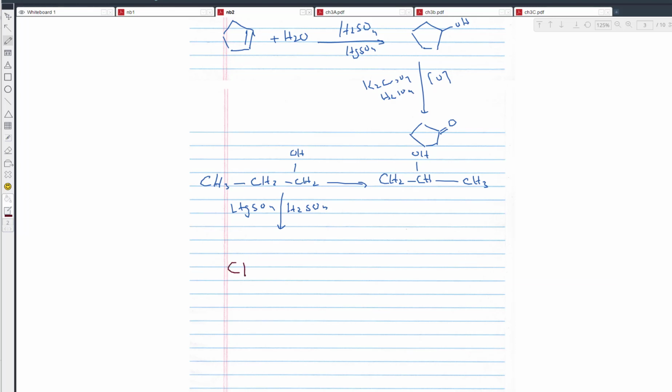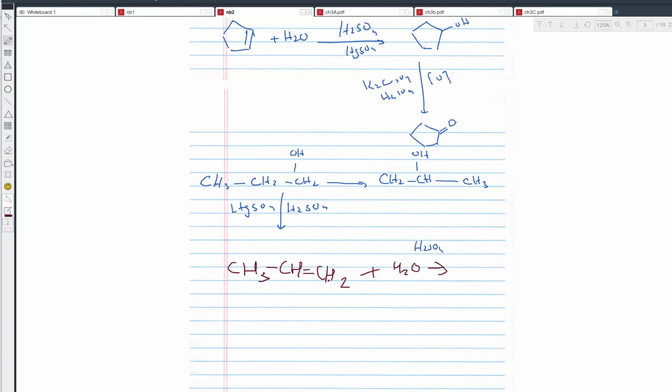Should be CH3-CH=CH2, right? Yes. And now add water. First you are removing water, now add water, in the presence of H2SO4.